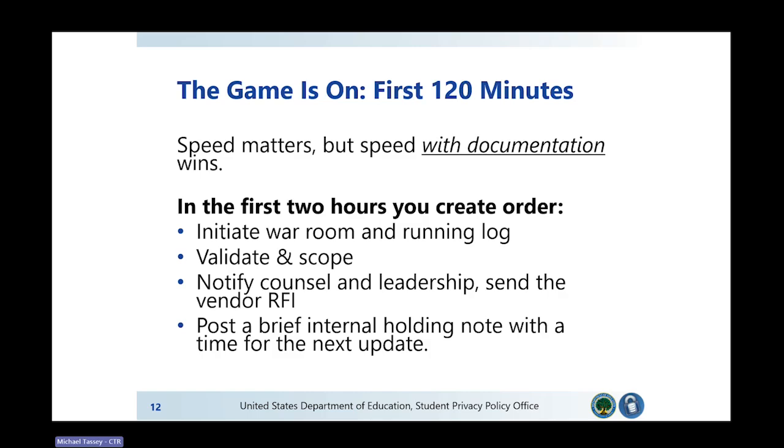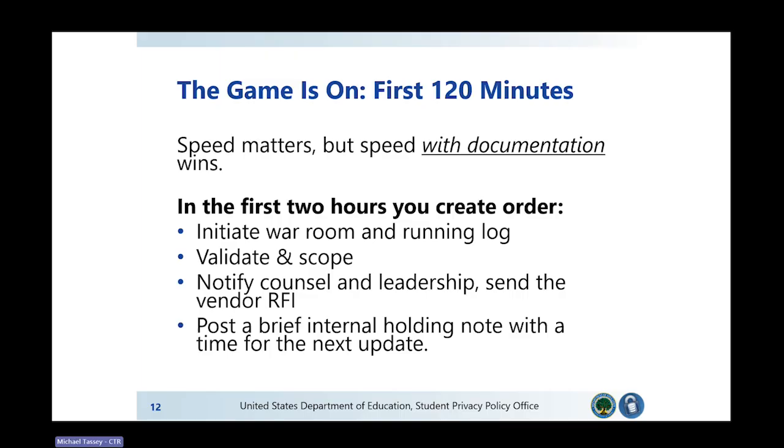And validation, right? A lot of folks waste a lot of effort and resources responding to incidents that turn out to be nothing, right? So you want to validate the incident and try to scope it as early on in the process as you can, right? And that's sometimes hard with third parties, right?